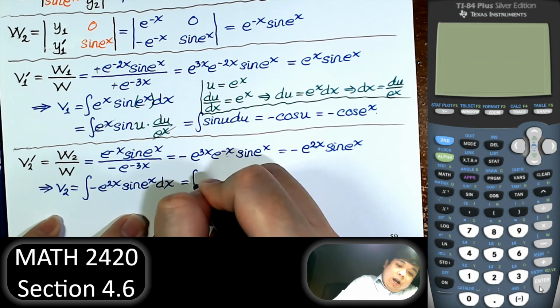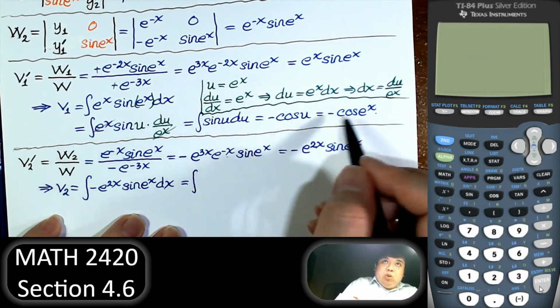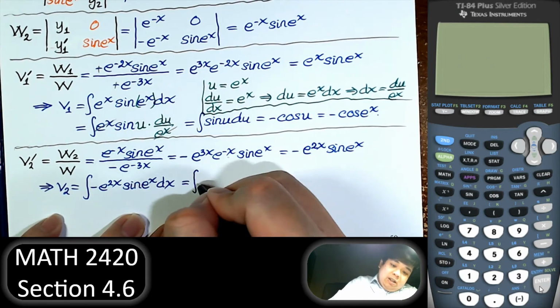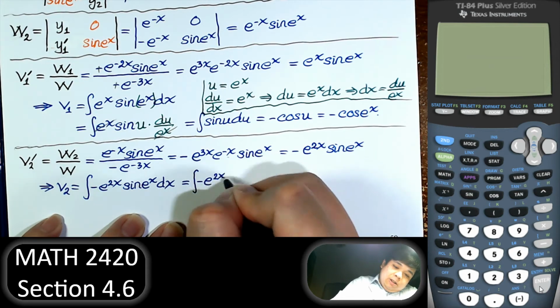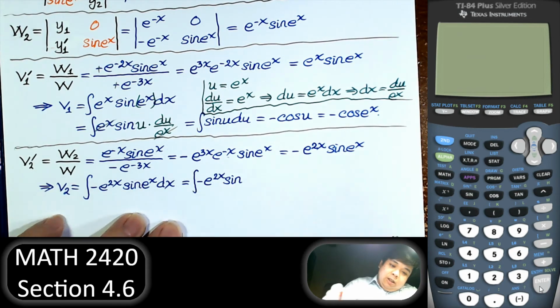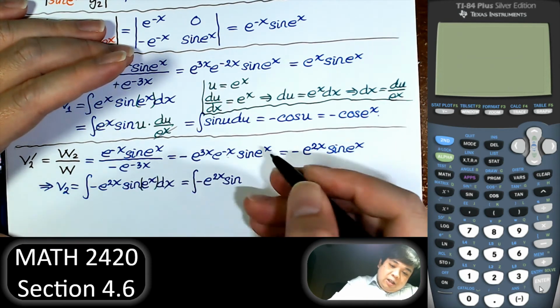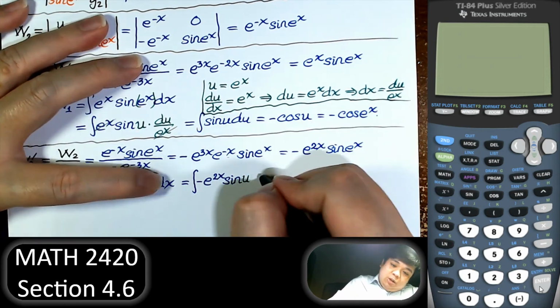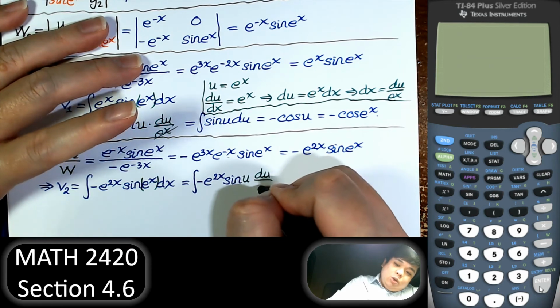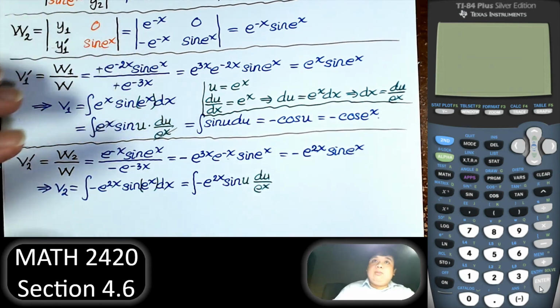Now, we still use the same substitution, so I'm not going to write that again. e to the x here is still u, and dx is still du over e to the x. So we use the same substitution here.